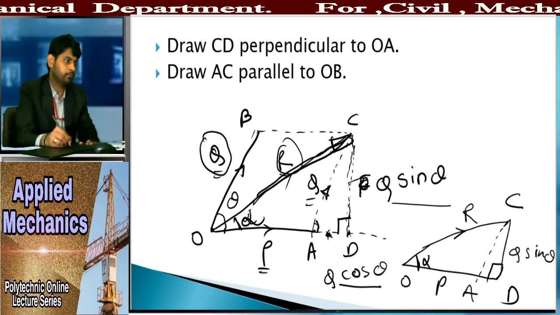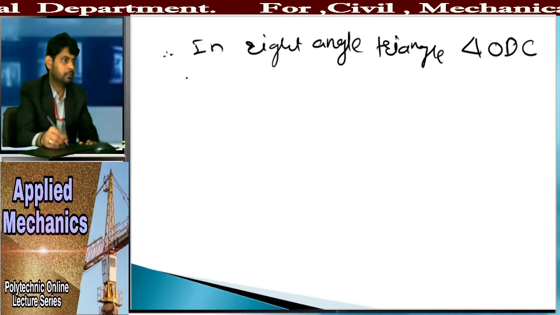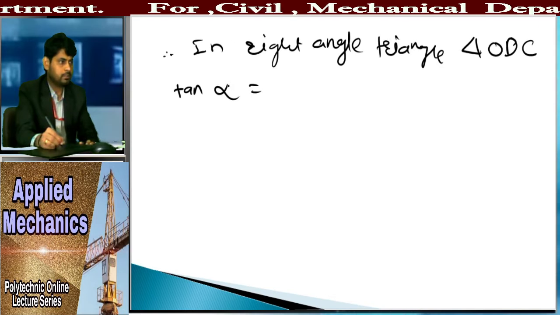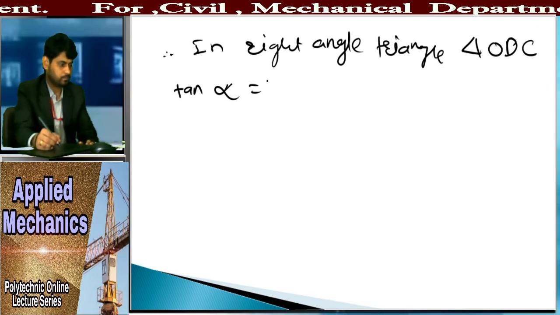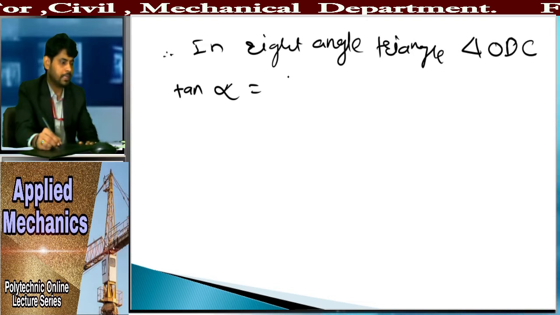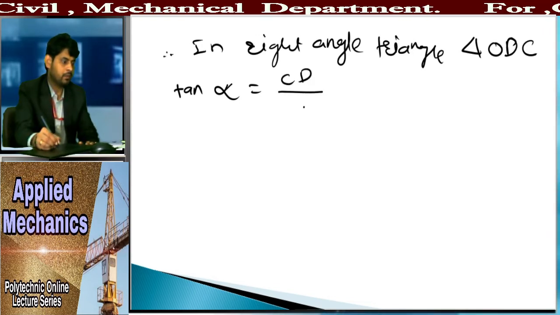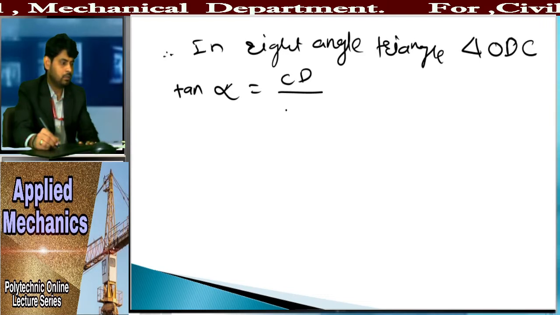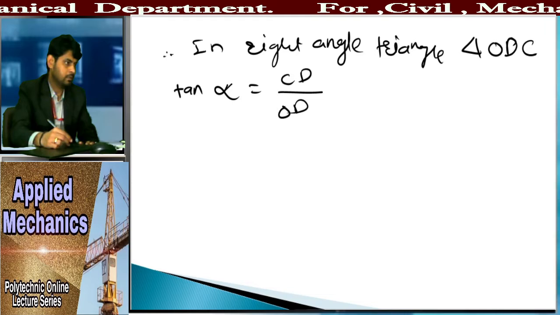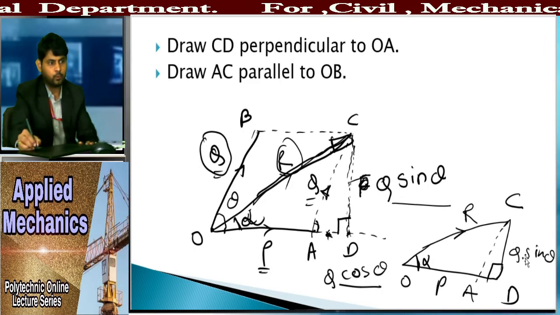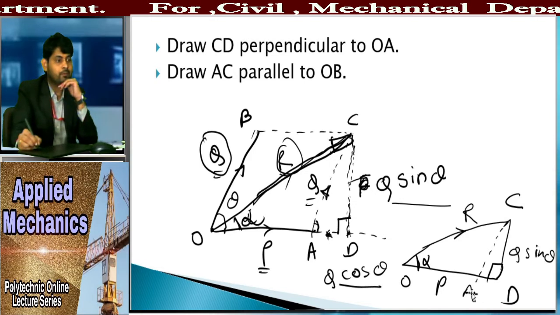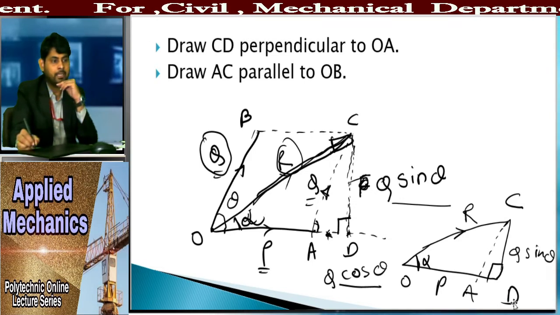Here the opposite side is CD and the adjacent side is OD. OD we can divide into two parts, OA and AD, right?